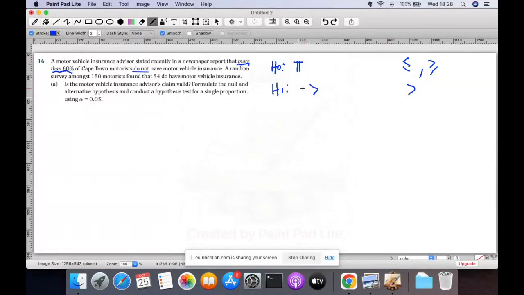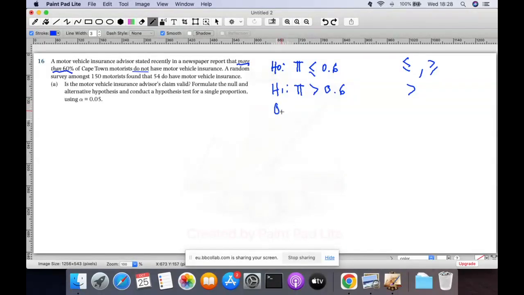So because that part says more than 60%, that's going to be here. So 0.6, you can write 60% or you can write 0.6, and we're talking about pi. Now because we have this for H naught, the opposite of greater than is going to be less than or equal to 0.6 for H1. All right, that's what we're testing. So that's our null and alternative hypothesis.